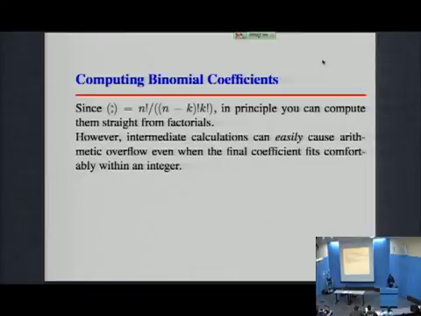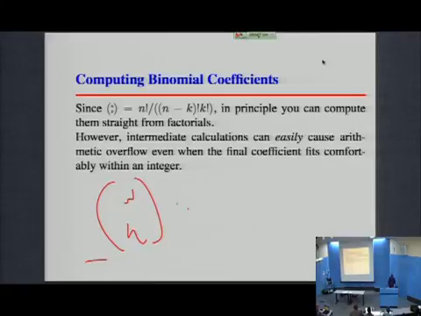How do you compute n choose m, n choose k? If you had to write a program to compute n choose k, how would you do it? Let's think about it. There's a natural and wrong way to do it. What is the natural and wrong way to compute n choose k? Well, since they use factorials, you can say maybe with recursion.